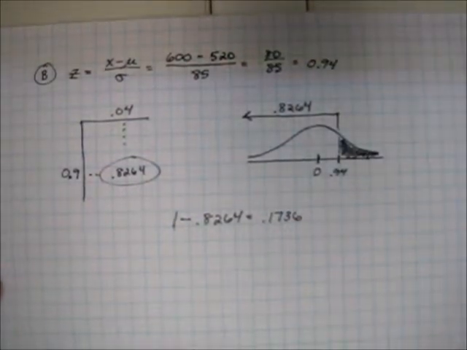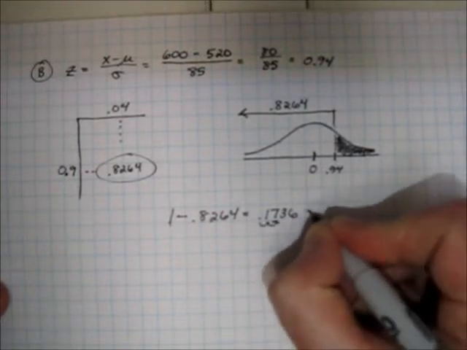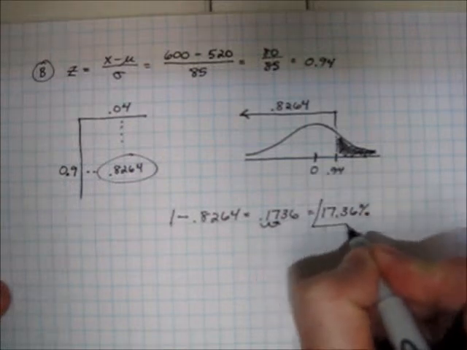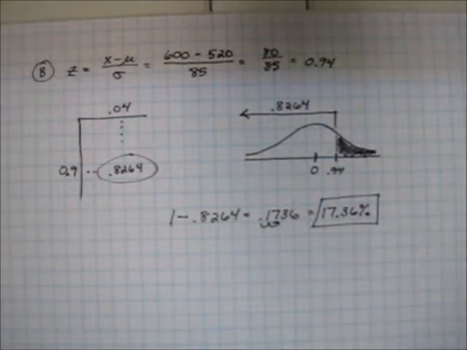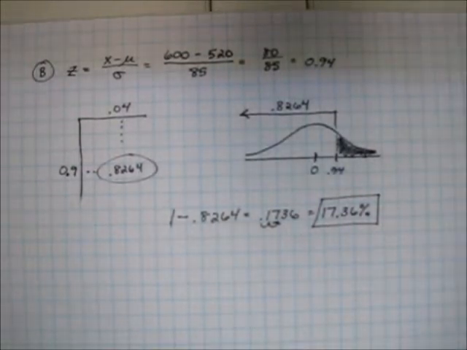And then if I want to put my answer in the form of a percentage, move the decimal place 2 places, 17.36 would be the percentage of students who would score above 600 on the English portion of the SAT.